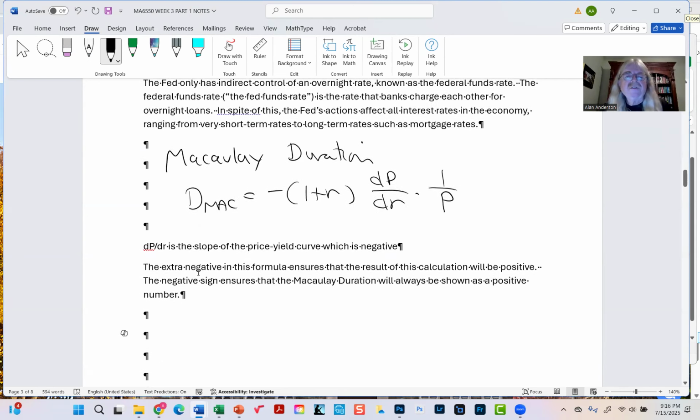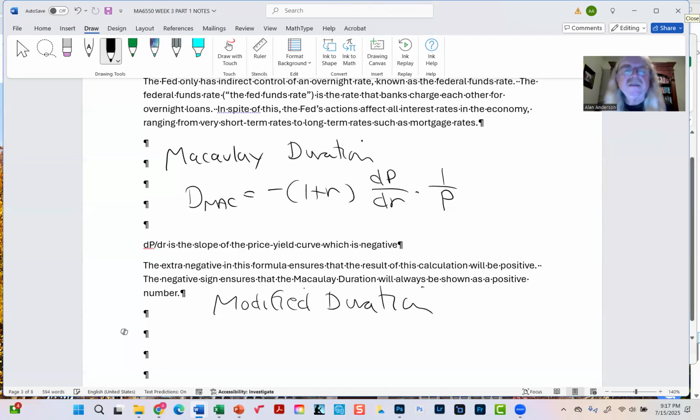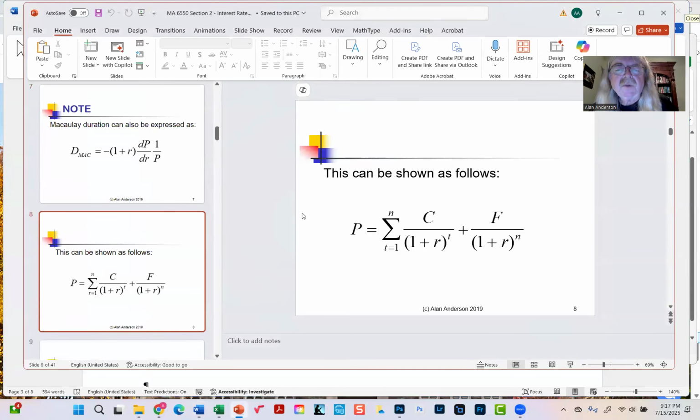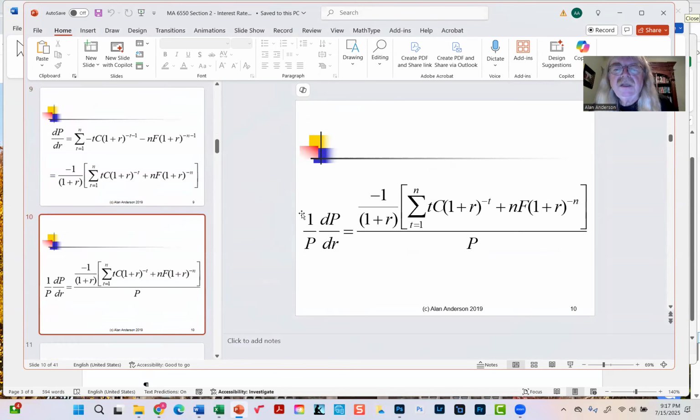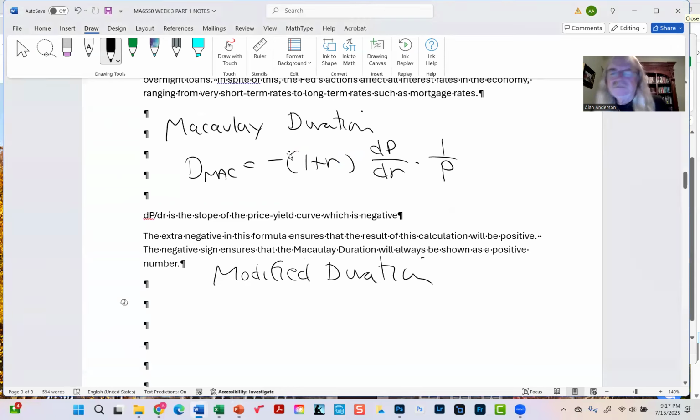So modified duration, as it turns out, in this setup we're going to use just plain D. Every book is different, so we have to keep that in mind.